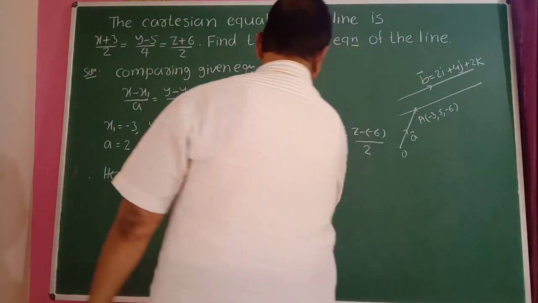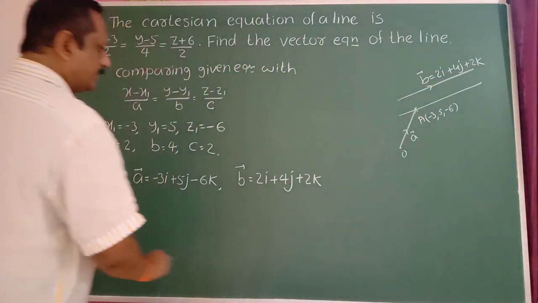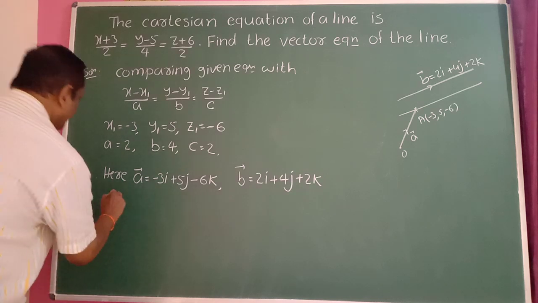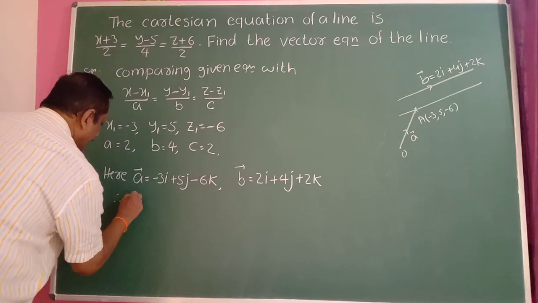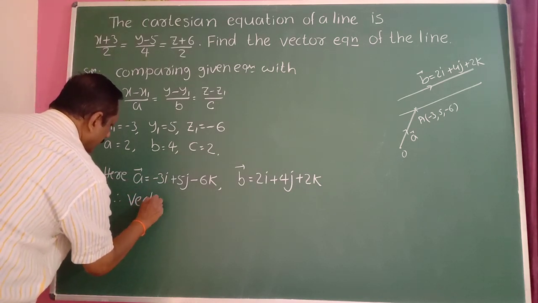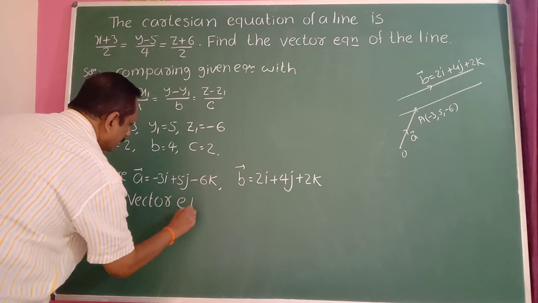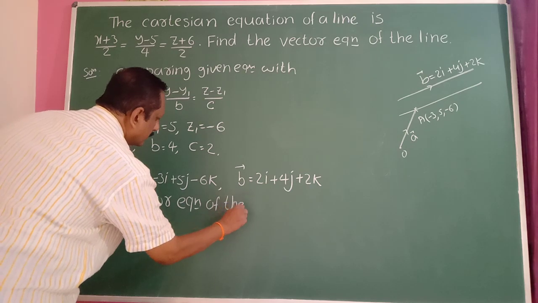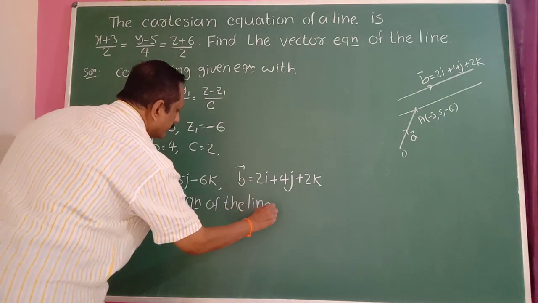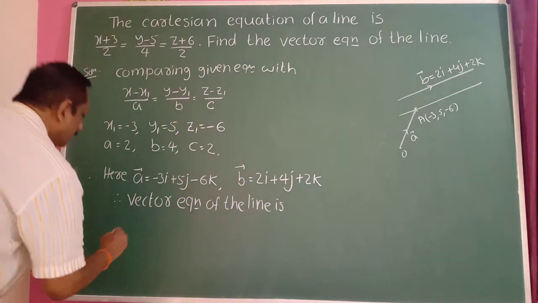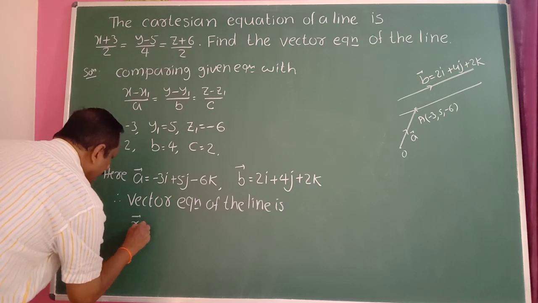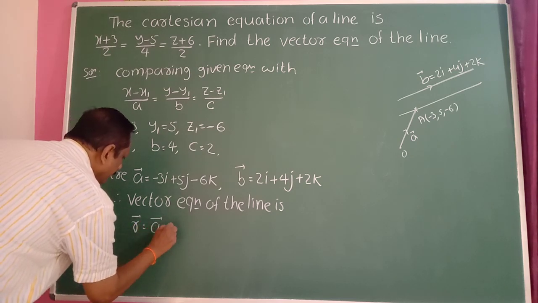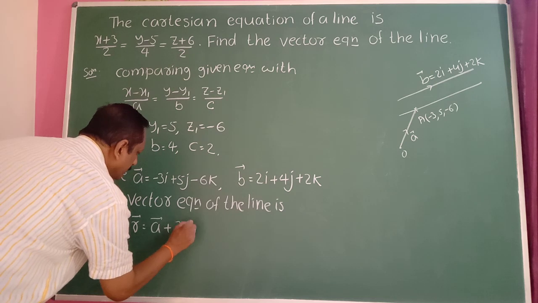Okay, therefore you can write the equation of the line in vector form here. Therefore, the vector equation of the line is r bar is equal to a bar plus lambda into the vector b bar.